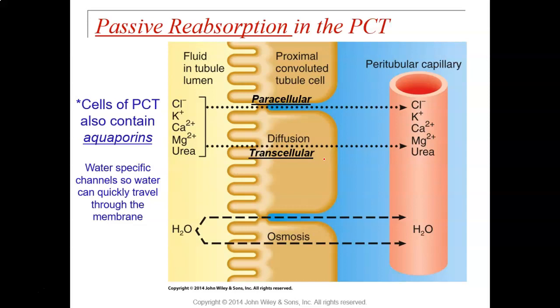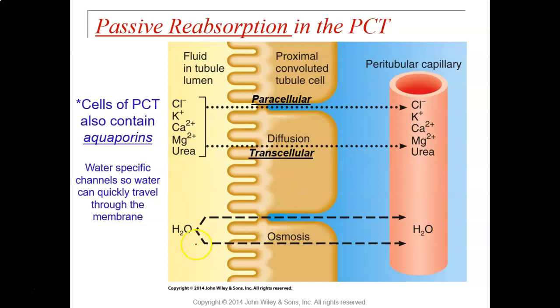We see passive reabsorption in the proximal convoluted tubule. Paracellular and transcellular simply mean: does it go in between the cells, or right through the middle of the cell? For the most part, ions can go either way: between the cells, para, or through, trans.